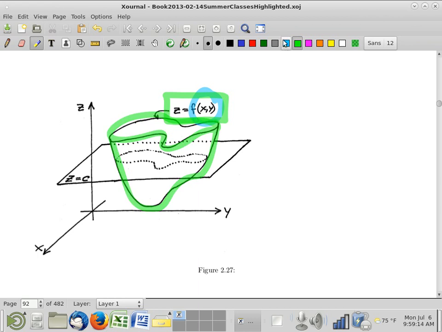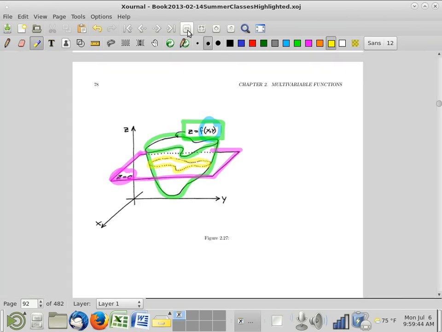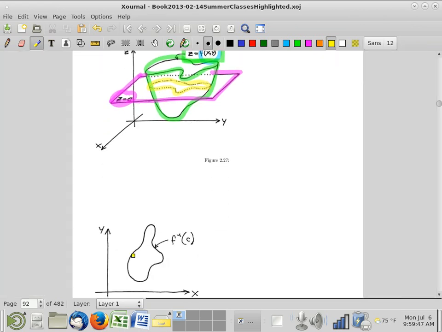If I then set z equal to c, namely if I take this horizontal plane, this horizontal cross-section, z equals c and z equals f together, namely the horizontal cross-section of that graph, gives me that curve, which is exactly what I would have gotten if I had just set f equal to c in the first place.